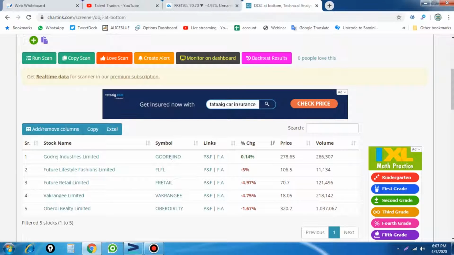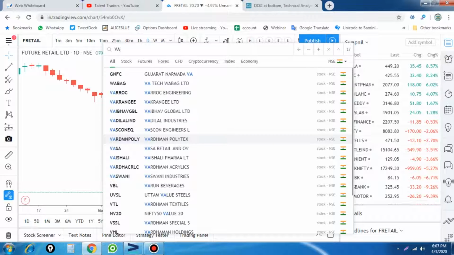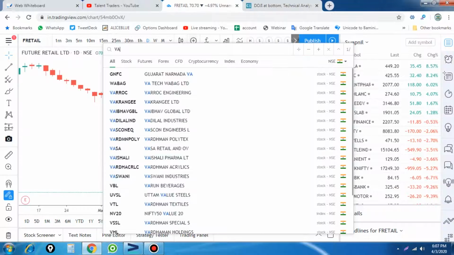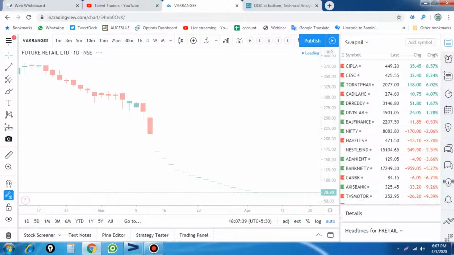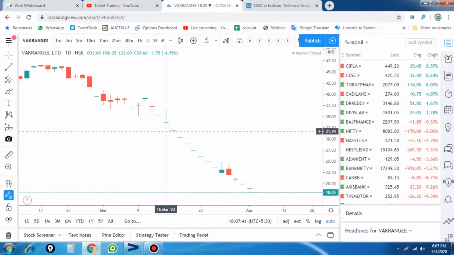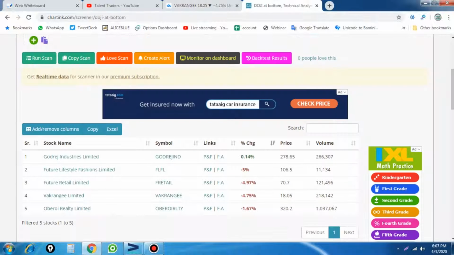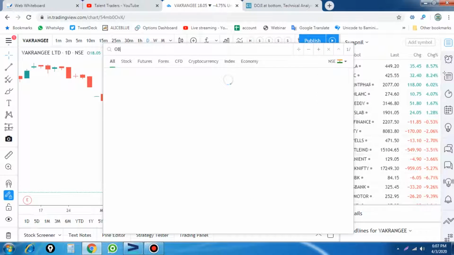And Vakrangi, if you check, this is also going down and down, so we didn't find any trade opportunities. And OB Reality may also not be a good stock.